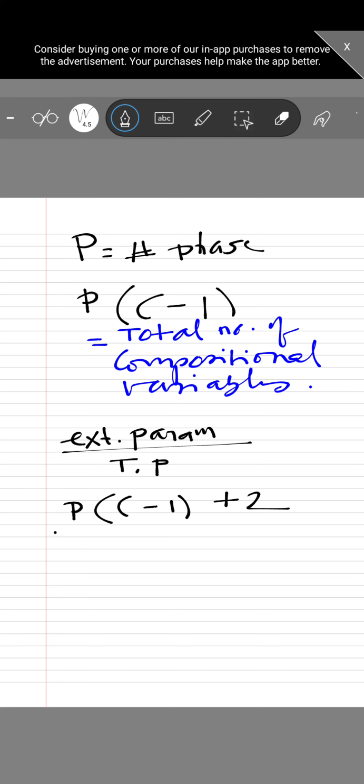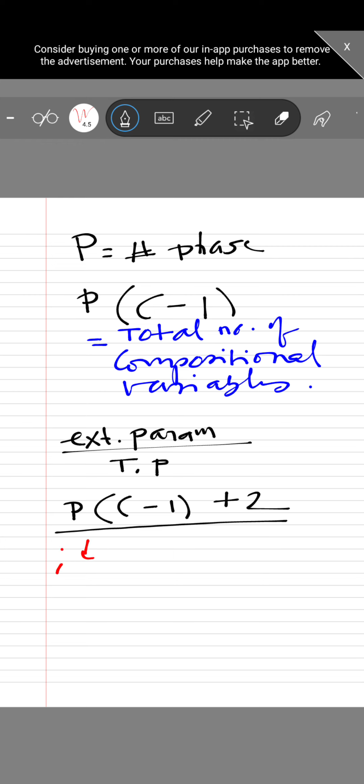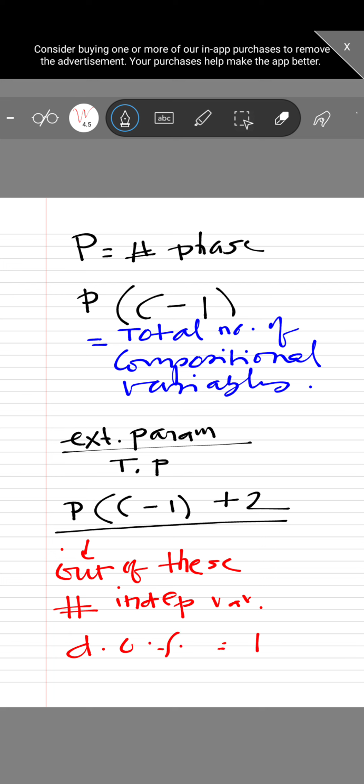Out of these variables, the number of independent variables gives you the degrees of freedom, that is F. Now this F cannot be more than the total number of variables, so F has to be at least less than or equal to P into C minus 1 plus 2.